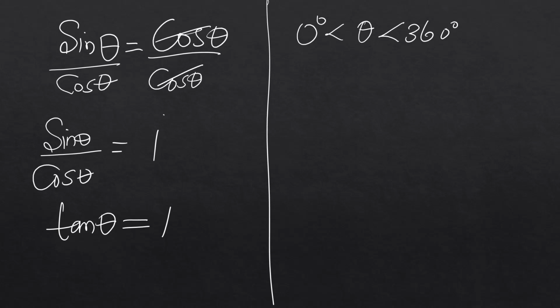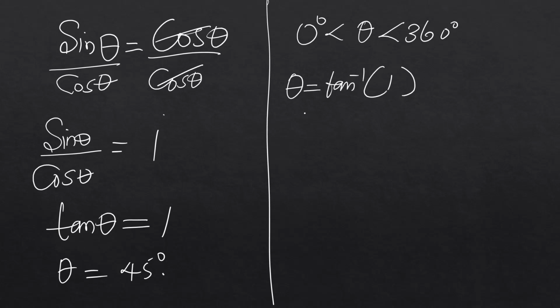So what this means is that there are angles here which must give you 1. Those angles are not just one. There are many other angles that can give you 1. For example, theta must have been 45 degrees, because if you say tan inverse of 1, theta is going to give you 45 degrees.